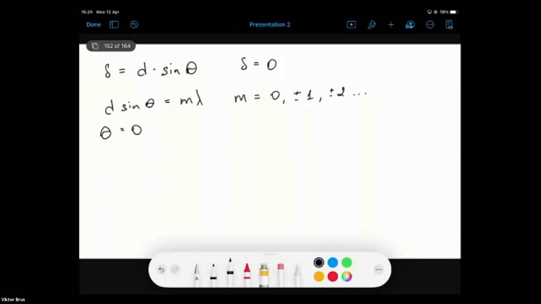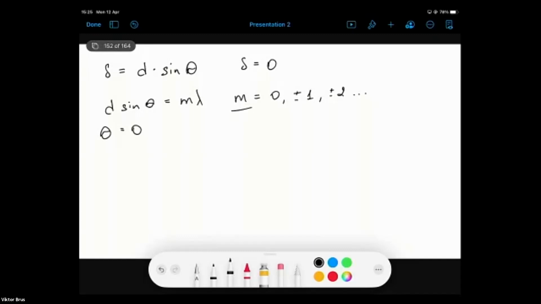This interference maximum is called zeroth order maximum, and so on. We have first order maximum, second order maximum, third order maximum, depends on the value of this order number.